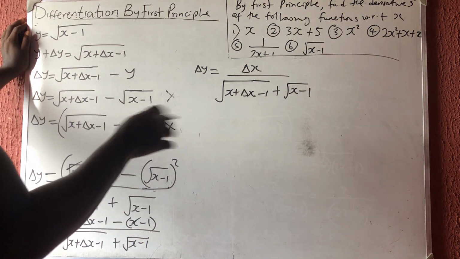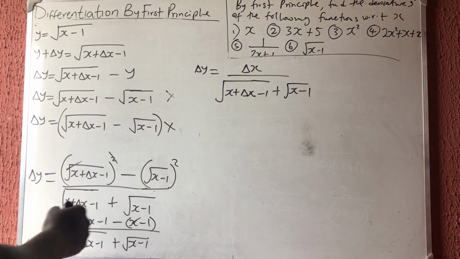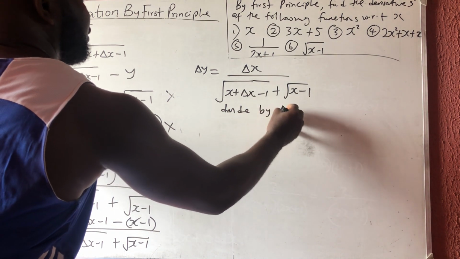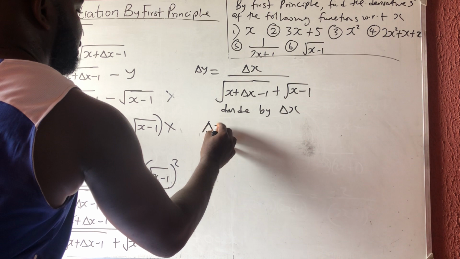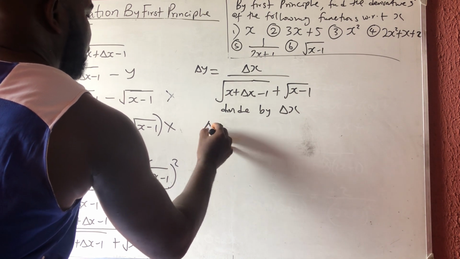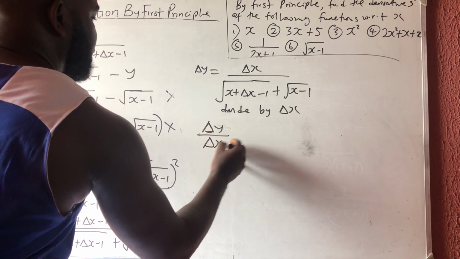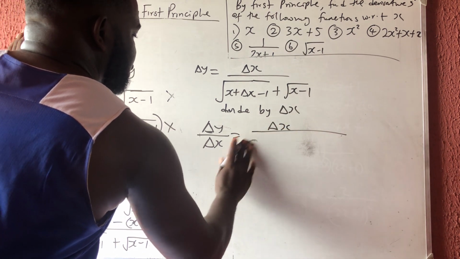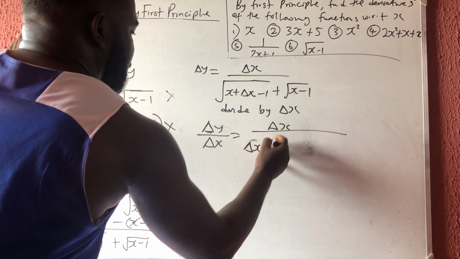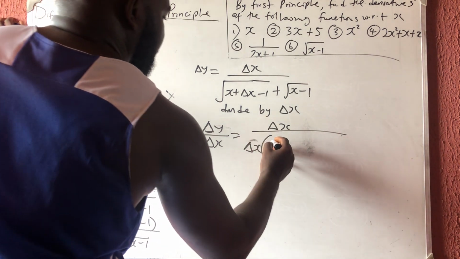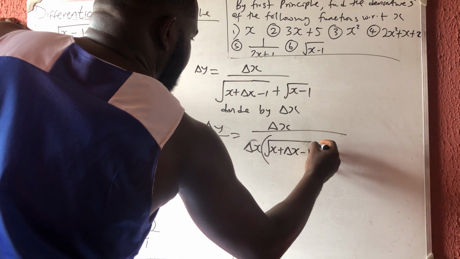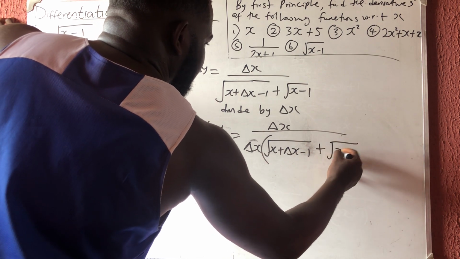So now if I divide both sides by change in x, I'm going to have change in y over change in x is equal to what? Change in x all over change in x, change in x in bracket of all these people, in bracket of the square root of x plus change in x minus 1, then plus the square root of x minus 1.